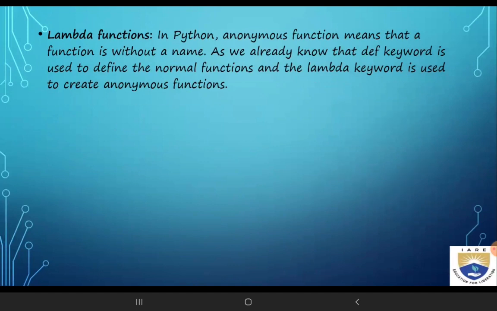And lambda functions. In Python, an anonymous function means a function without a name. As we already know, the def keyword is used to define normal functions and the lambda keyword is used to create anonymous functions, and it has the syntax lambda arguments: expression.